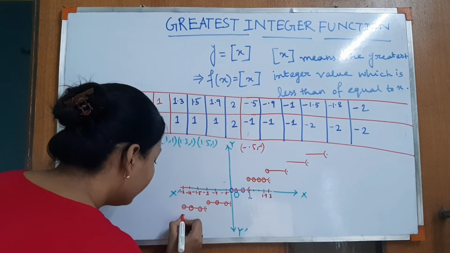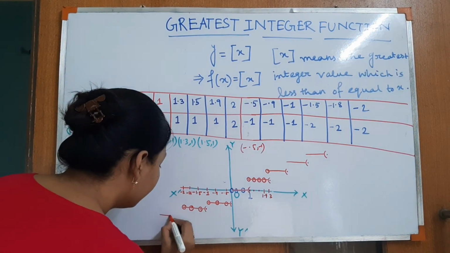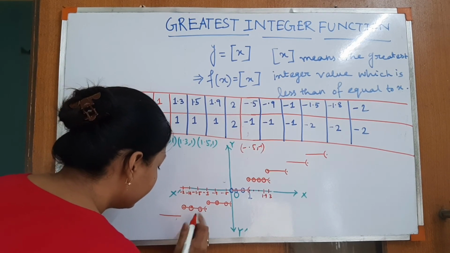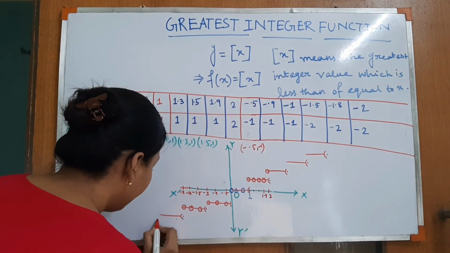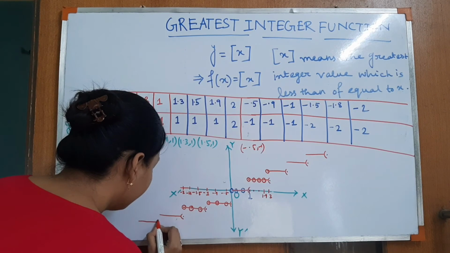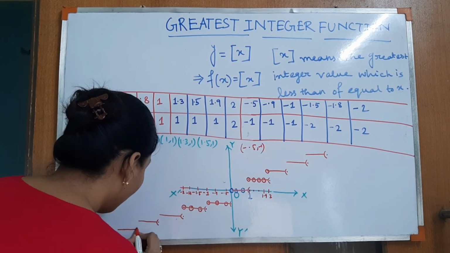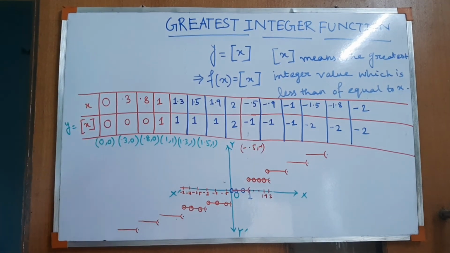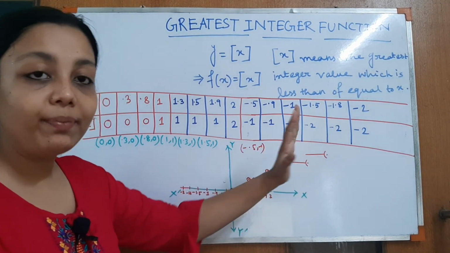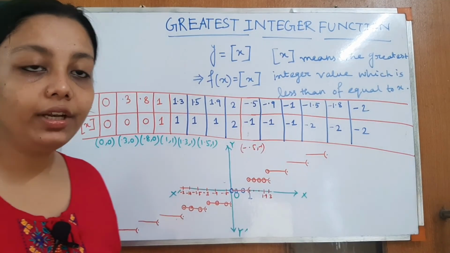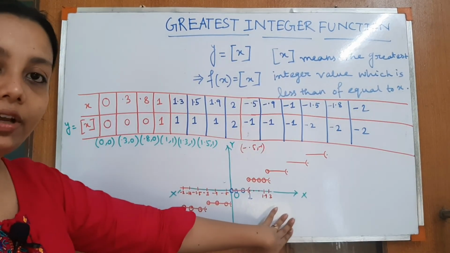In this way we also find this line, also find this line, and also find this line. Since it is shaped like a floor, this greatest integer function is also called a floor function, okay.